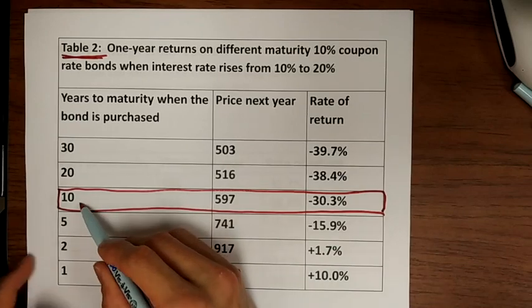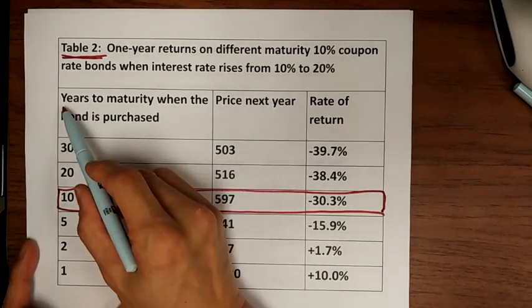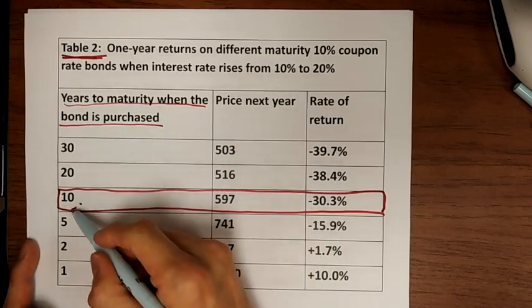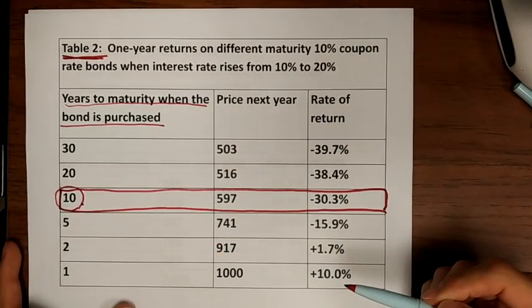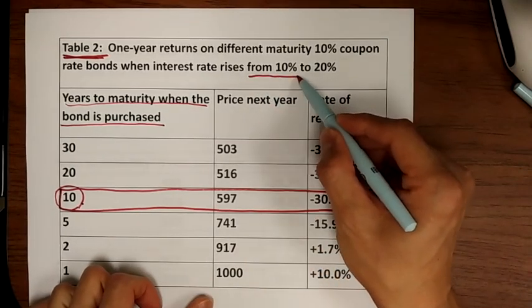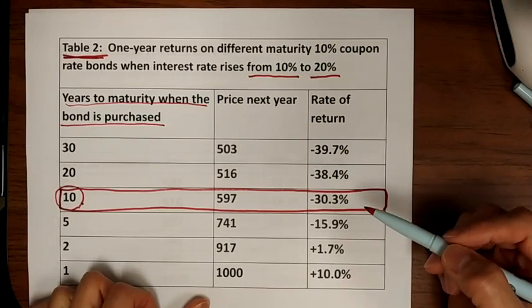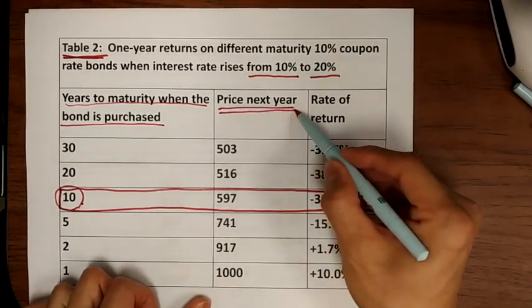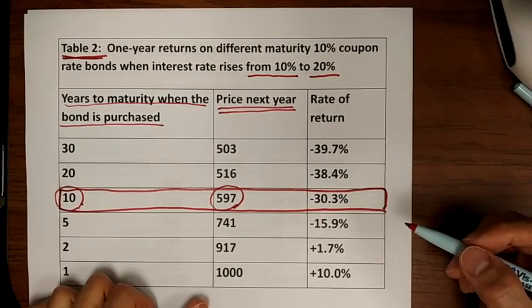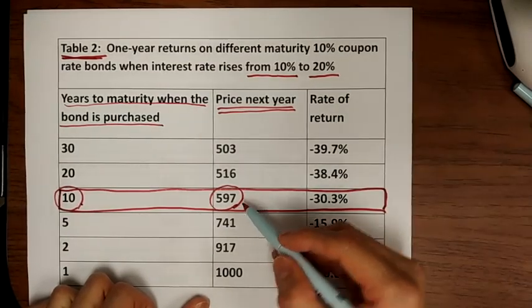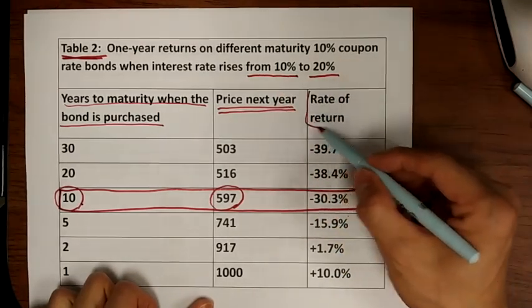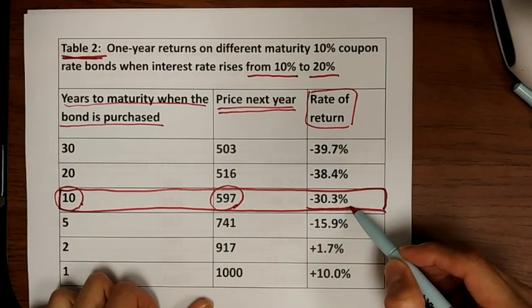So in this example, the yield to maturity when the bond is purchased by you is 10%. And when the interest rate goes up from 10% to 20%, the price of the bond next year becomes $597. And you sell this bond after holding it 1 year, then your rate of return is negative 30.3%.